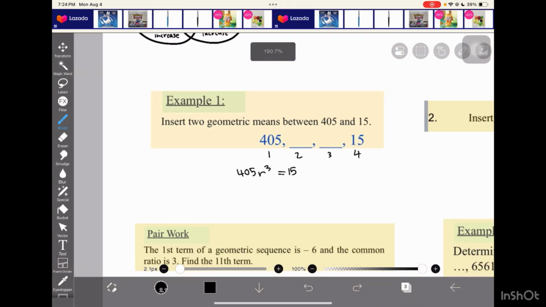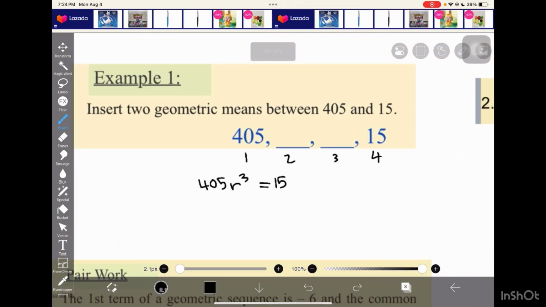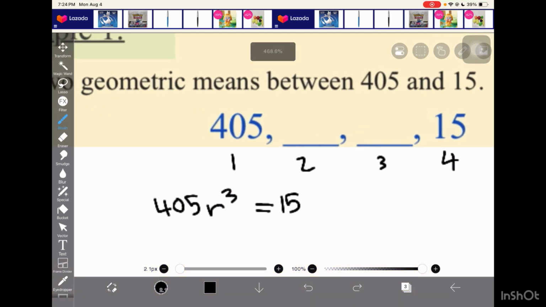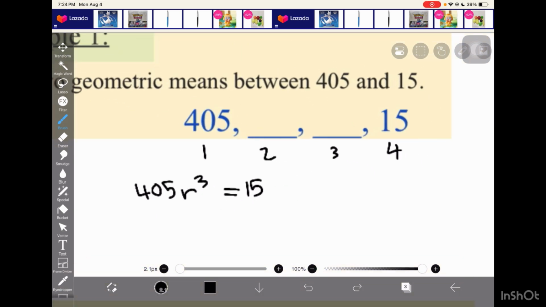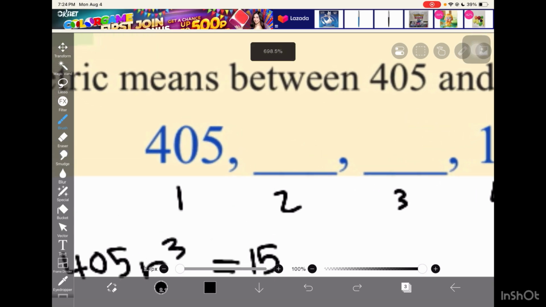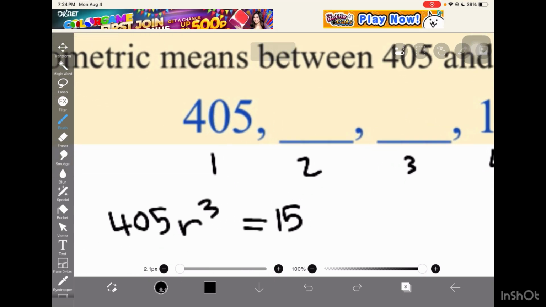All right, sorry for the sudden cut there. I was trying to figure this out, but yeah, recall. I've listed down the order of these terms, and by this analysis, we can confirm that 405r cubed is equal to 15. You might be wondering why. It's because we multiplied r 3 times to get to 15.